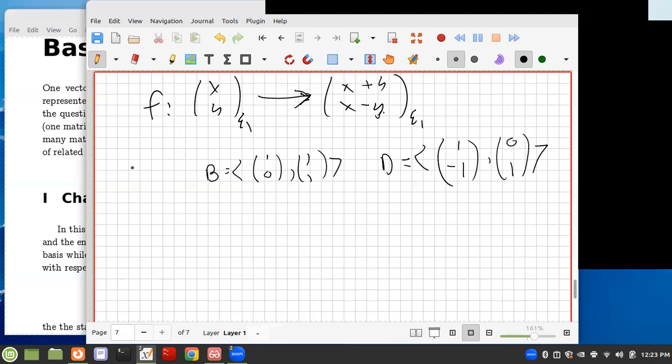And the question would be, we can find F from standard basis to standard basis, right? But then the problem would be, what's F from B to D?